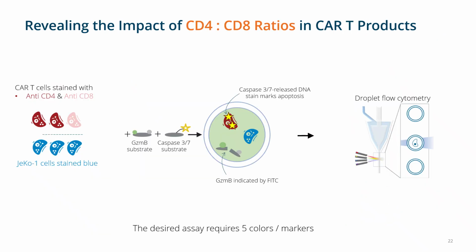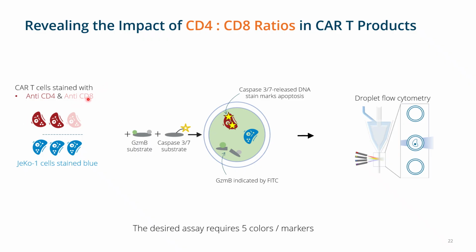Before proceeding with the analysis of the other CAR constructs, the team was interested to increase the resolution of the assay by introducing 2 additional stains, one for CD4 and one for CD8 T-cells or CAR T-cells.